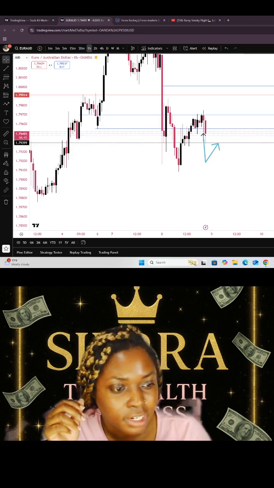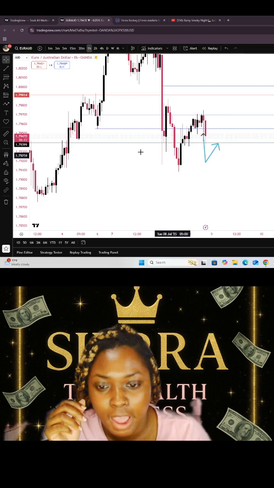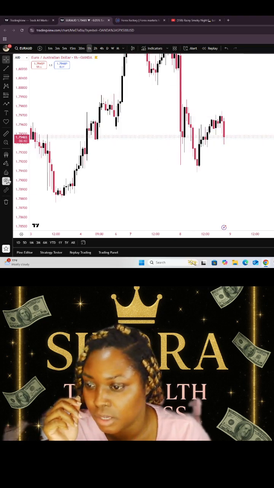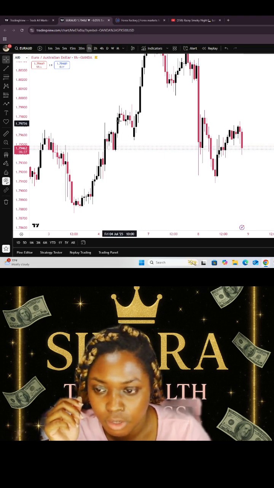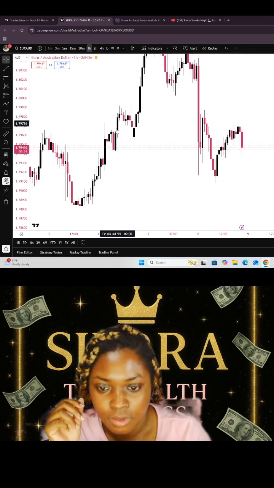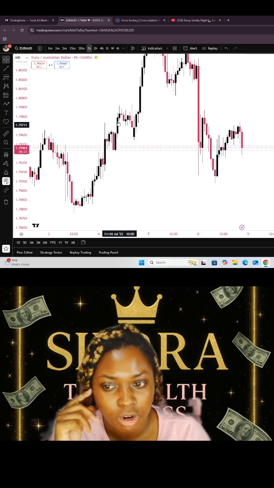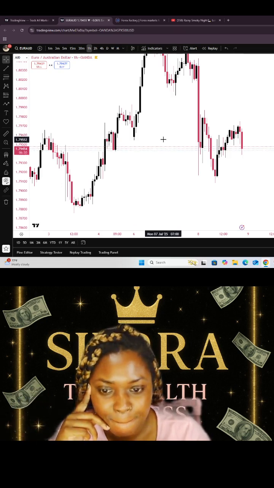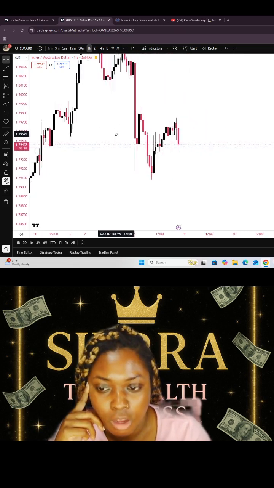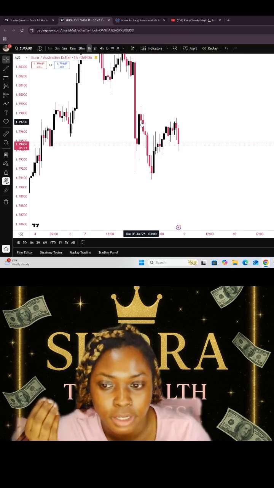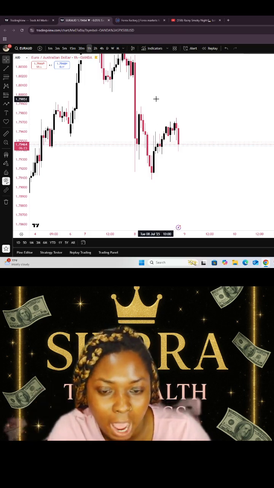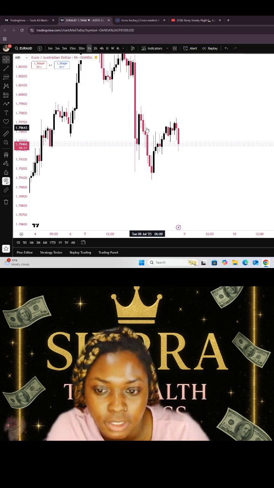How did I identify that second fair value gap? It basically just comes with training your eyes. So I cleared everything off my chart. You see this gap right here? Once you start to see the gaps, you just start to see the gaps. And then also looking for points of rejection. For some reason, price isn't going higher on this area. It's rejecting here.